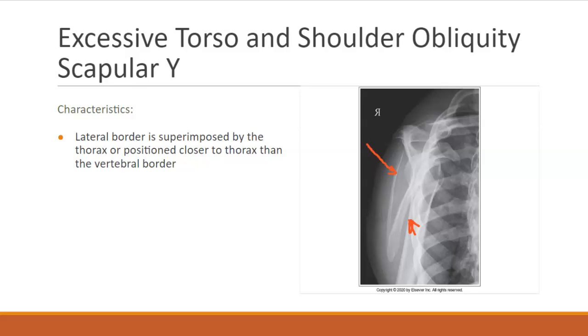Also, the glenoid cavity will rotate in the same direction as the lateral border, indicating to you that if it's closer to the thorax, it is definitely an excessive rotation.